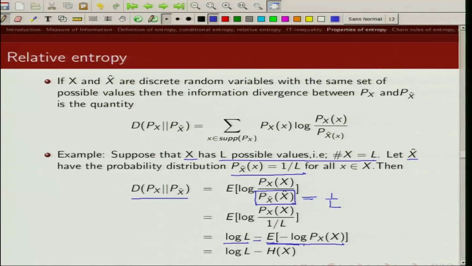And what is this quantity? This is our entropy. So then I can write down the divergence between p of x and p of x hat is equal to log of L minus h of x for this particular random variable x and x hat.